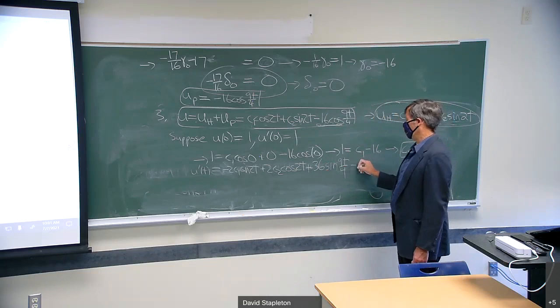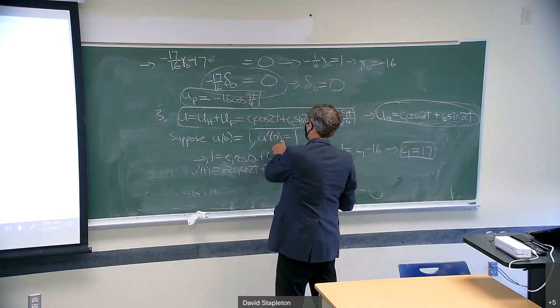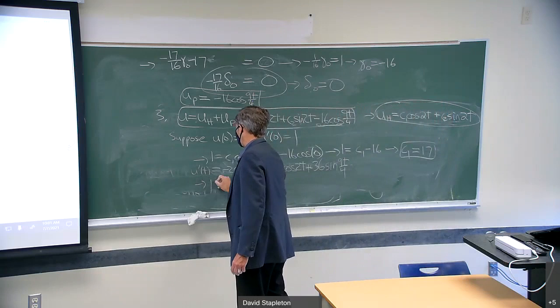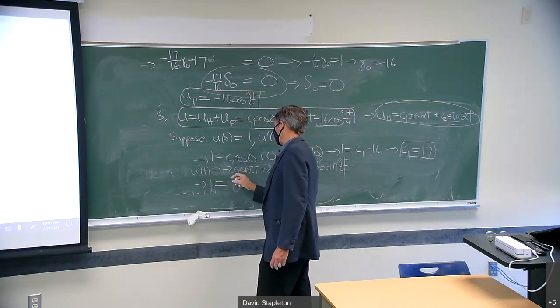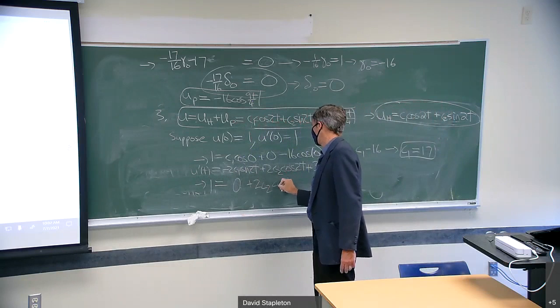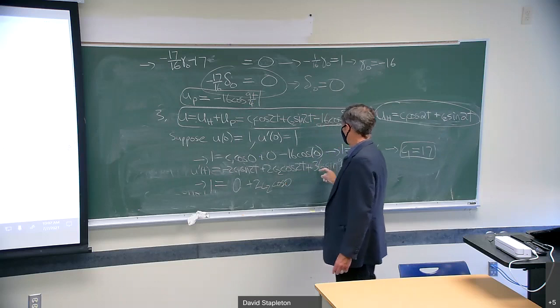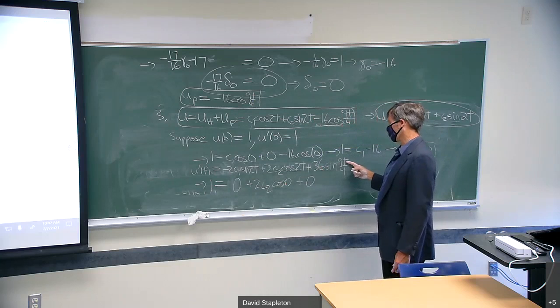And then U prime of 0 equals 1 says that 1 equals this, plugging in 0. The first term is 0 because it's sine 0, plus 2 C2 cosine of 0, plus 36 sine of 0 is 0.